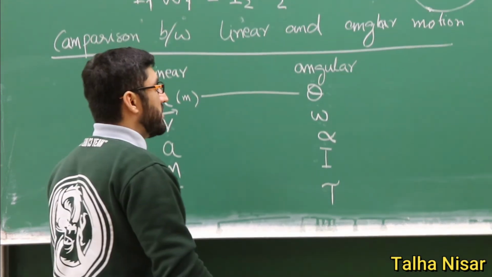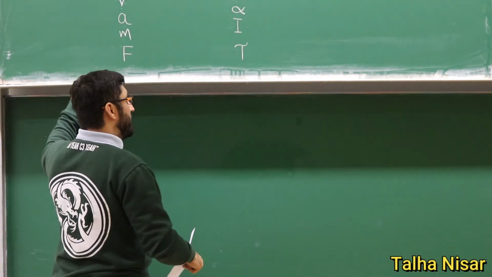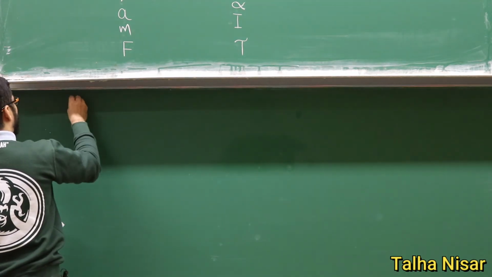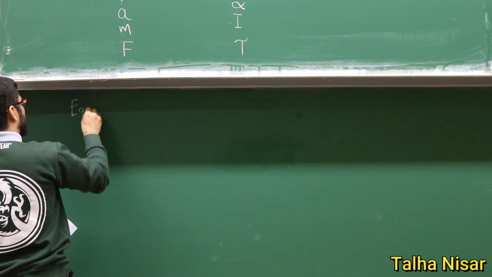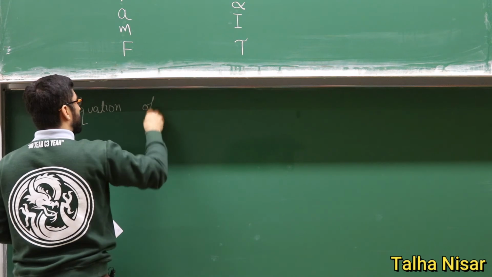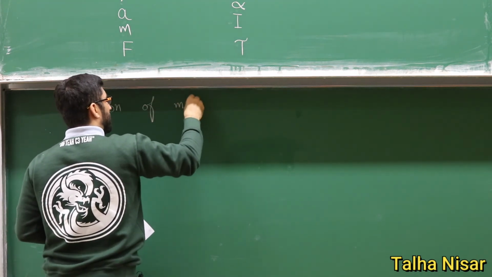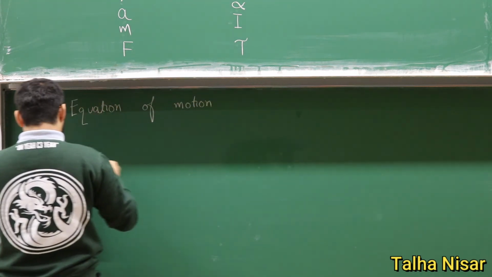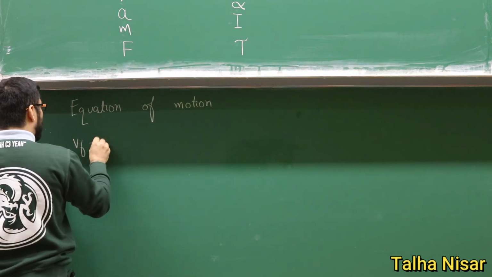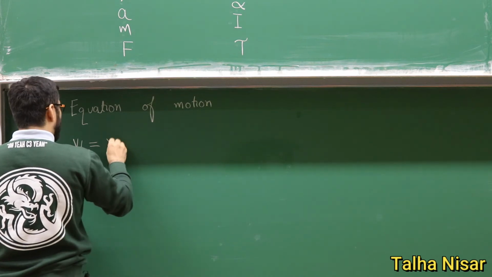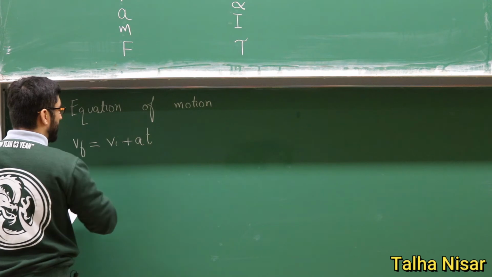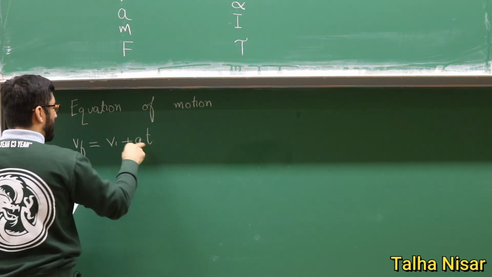And the same is true for the equations of motion. We have the first equation of motion, which is Vf, the final velocity, equal to Vi, the initial velocity, plus at, the acceleration multiplied by the time.